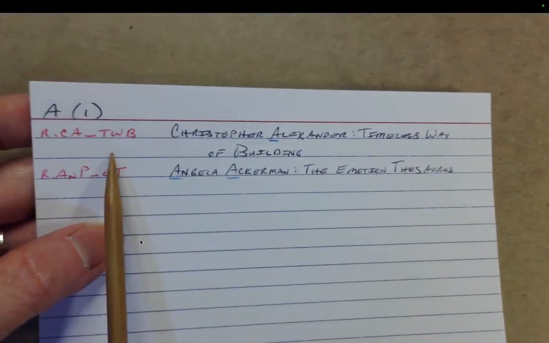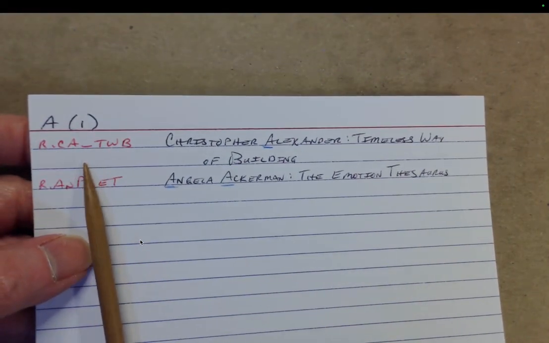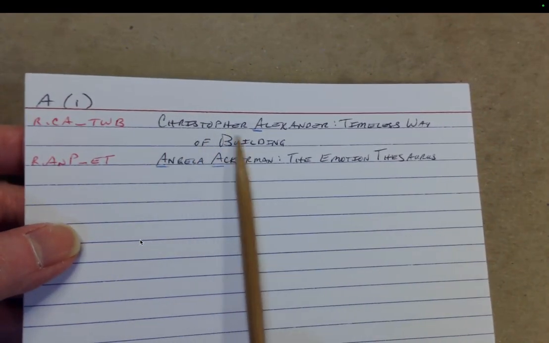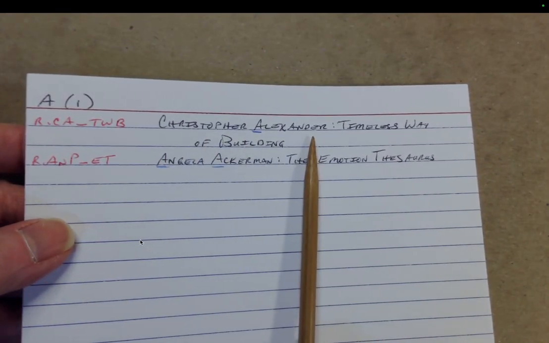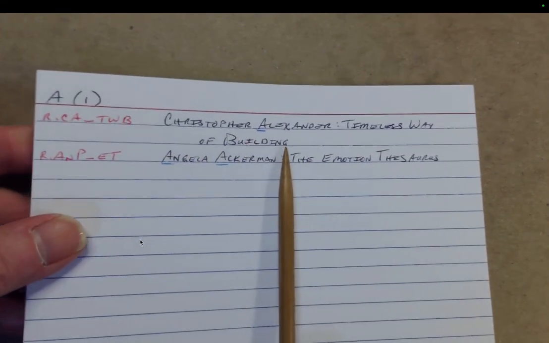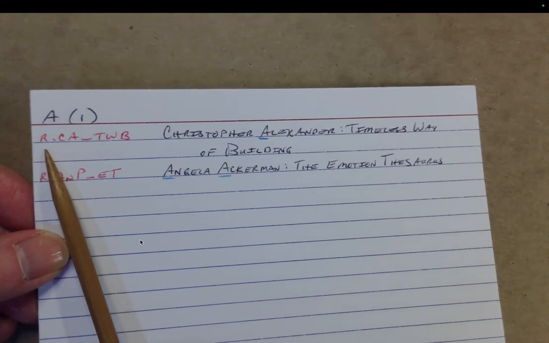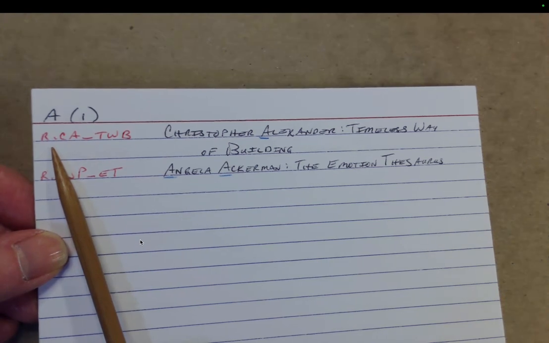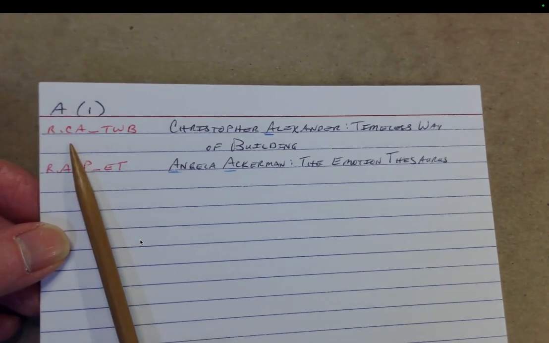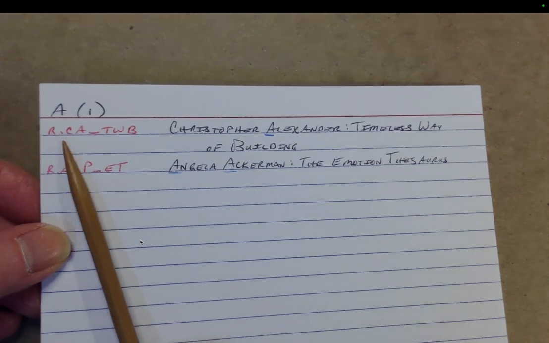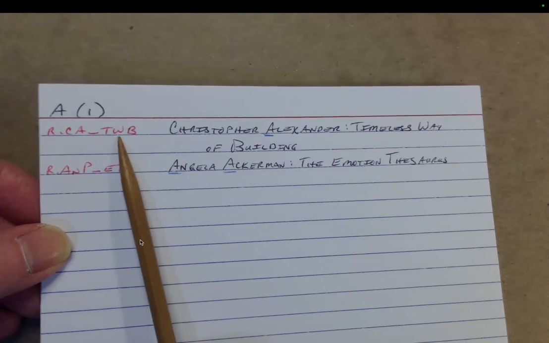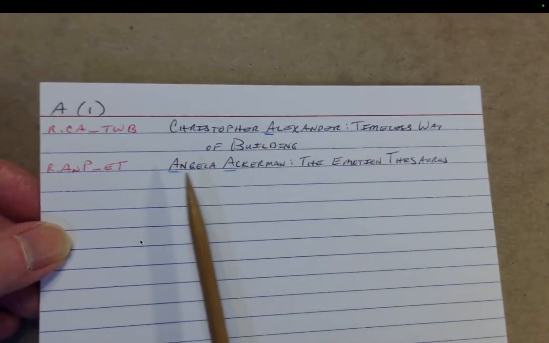So perhaps we can see a little bit about how this works from the first entry. This first entry is the book, Christopher Alexander's Timeless Way of Building. Per my normal naming convention, although not everything in my author box follows my current naming convention, but this one is a recent one, and it does, I've got R.ca for Christopher Alexander, an underscore, and then TWB for Timeless Way of Building.